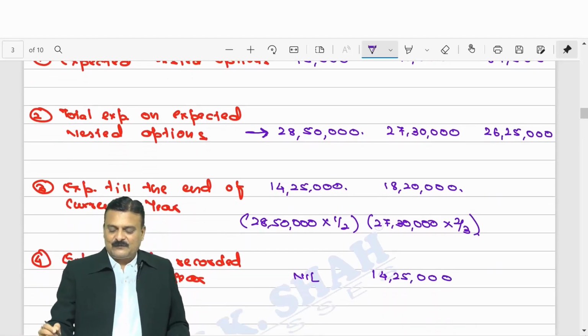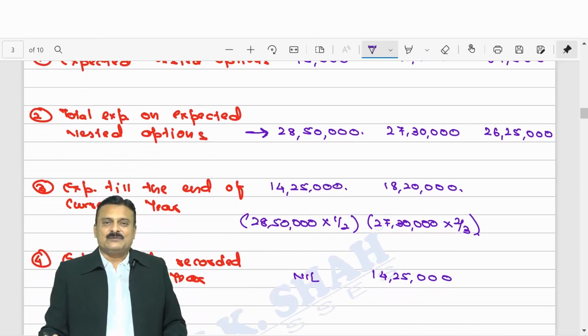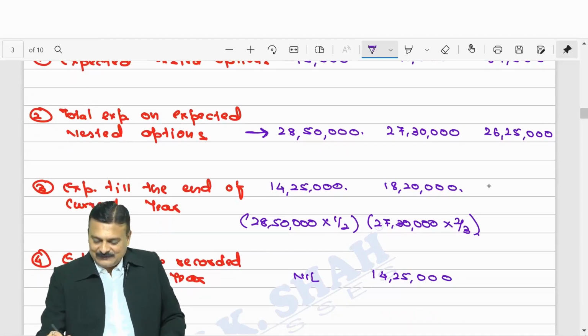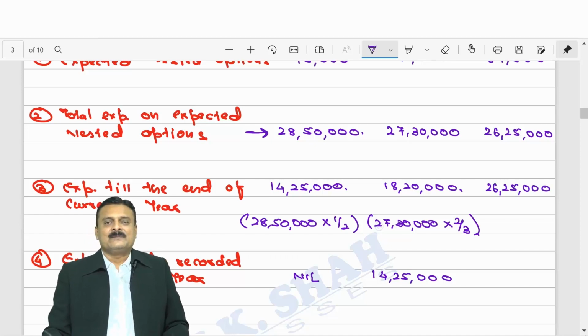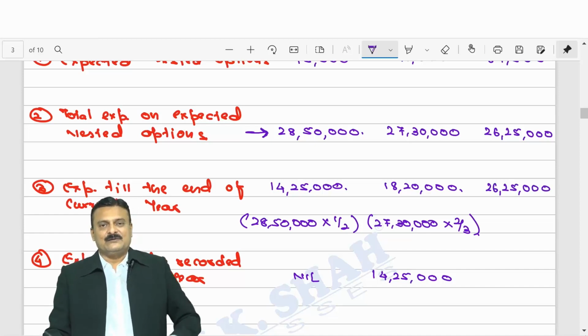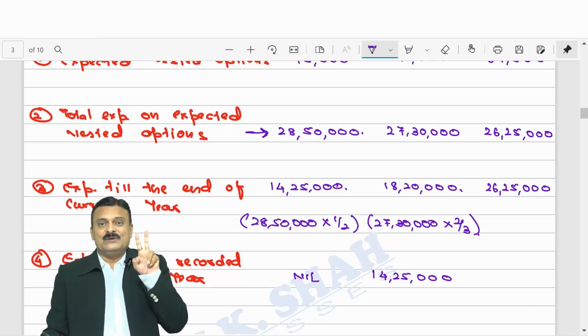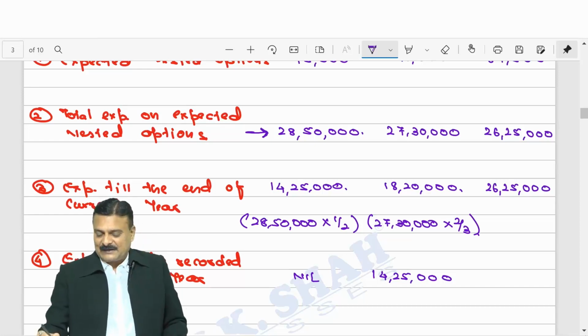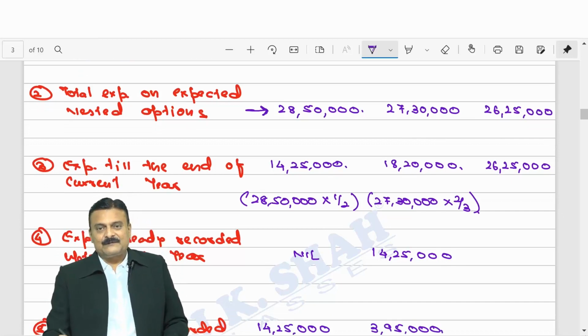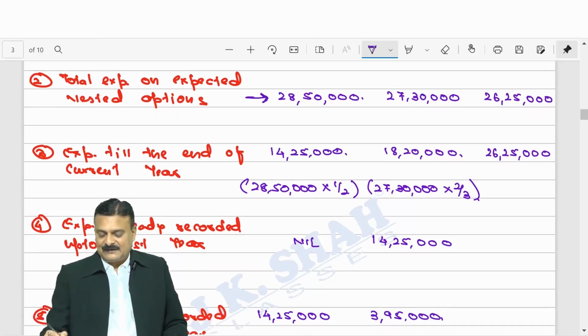This 26,25,000 is for 3 years and we are in the third year. So total expense till third year should be 26,25,000. First 2 years we have already debited to P&L account. How much? First year 14,25,000, second year 3,95,000.